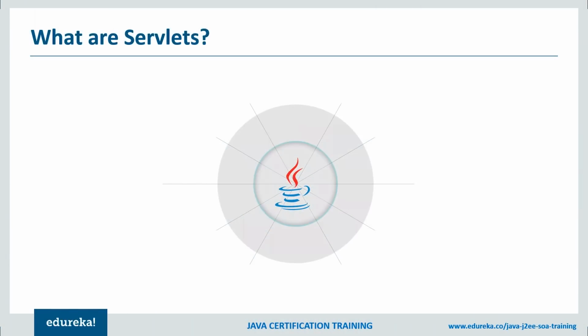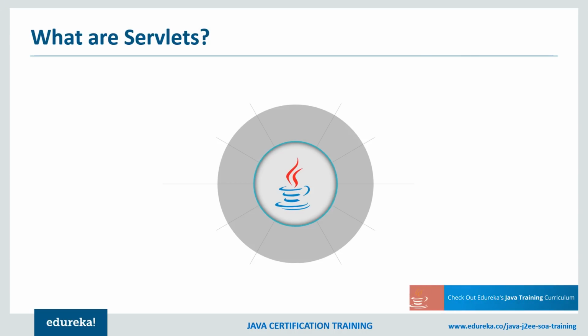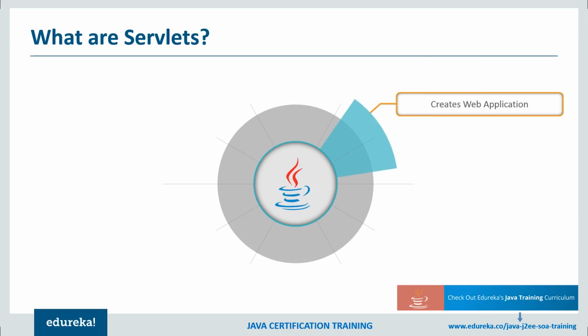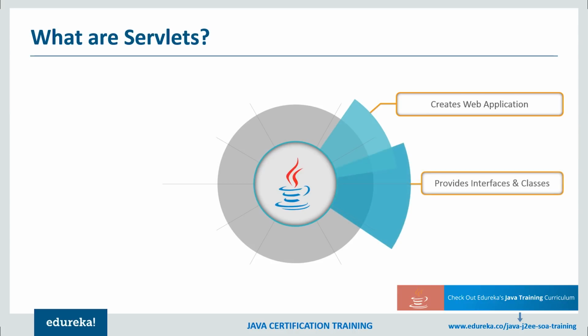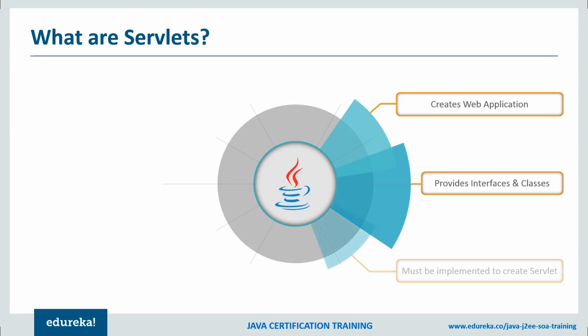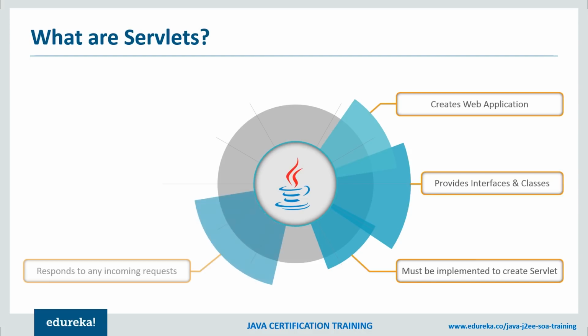So what are servlets? It can be described in many ways, like it's a technology which is used to create web application. Servlet is an API that provides many interfaces and classes during documentation. It's an interface that must be implemented for creating any servlet. Also, it is a class that extends the capabilities of the servers and responds to the incoming request.